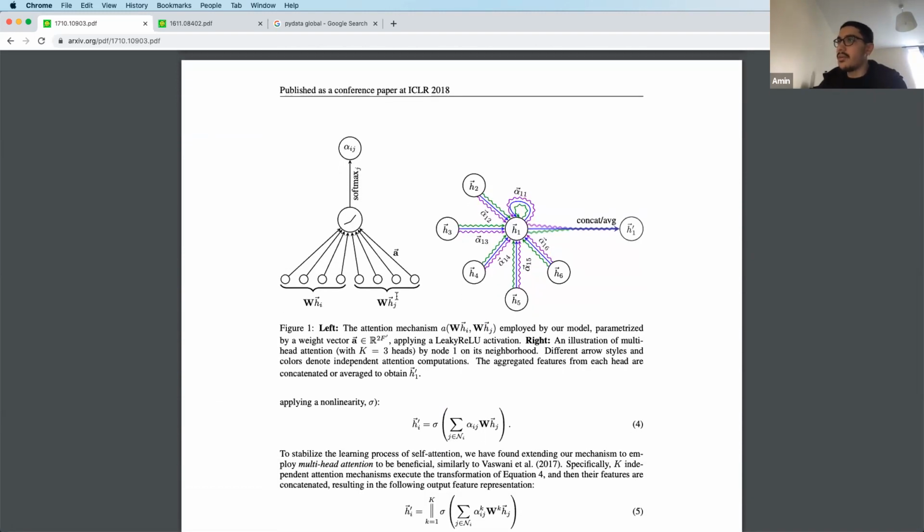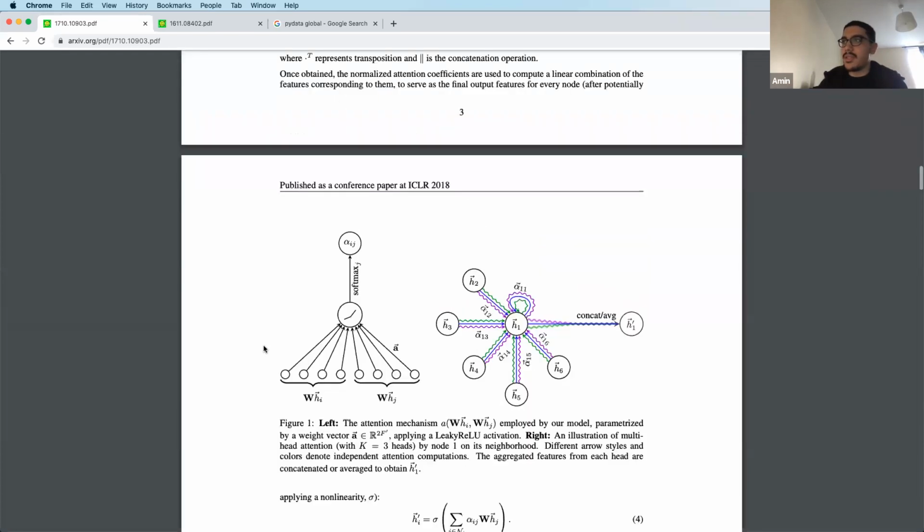So this describes the attention mechanism, and so we can talk about how one of the other properties is satisfied, which is the ability of it to be applied to unseen graphs.